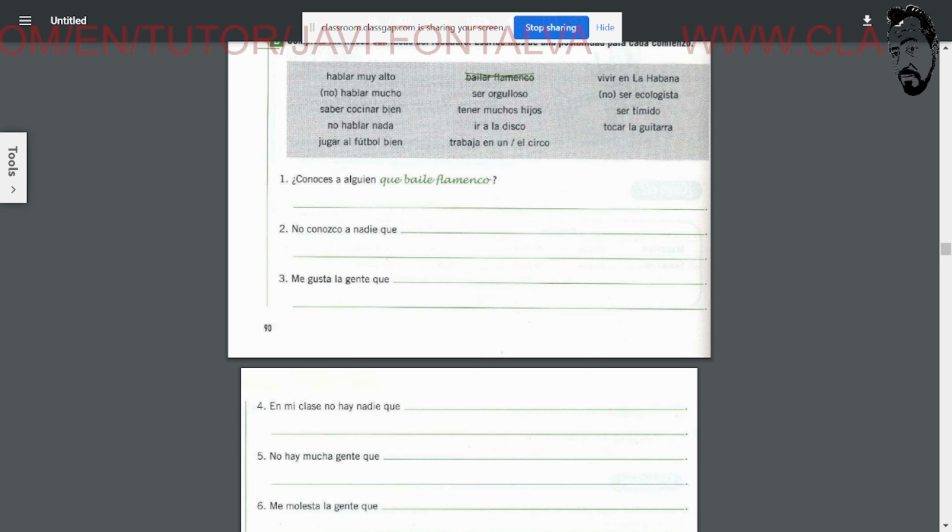For example, here, la profesora con la que. So you have three options here: con quien, or con la cual. The most common one would be con la que. La profesora con la que hablé ayer es chilena. So the teacher I spoke with yesterday is Chilean. No, Mexican. Yeah.